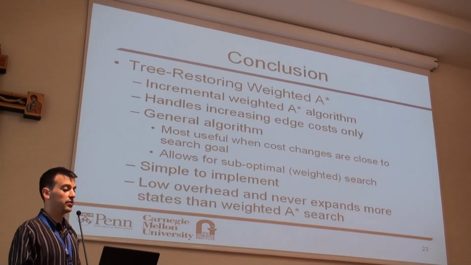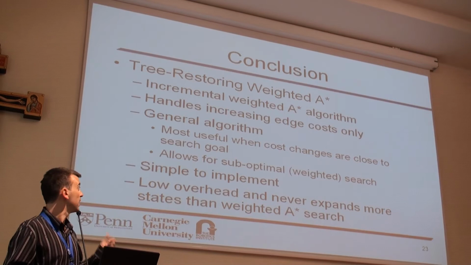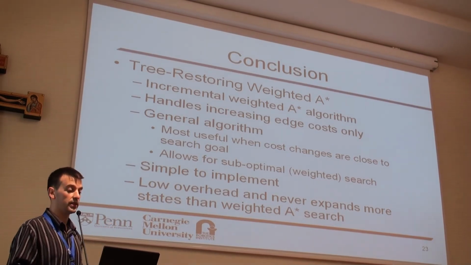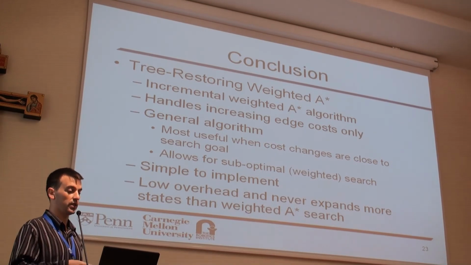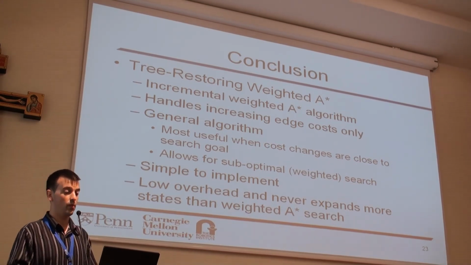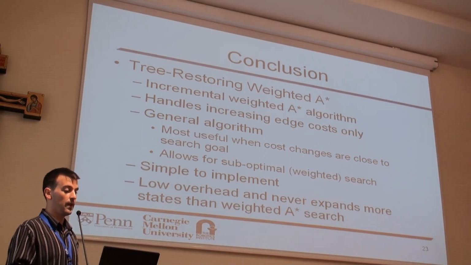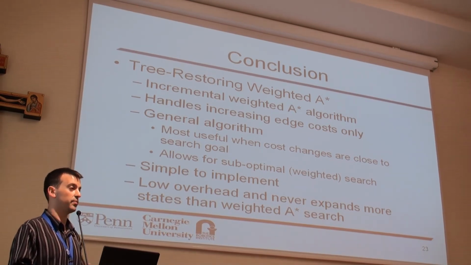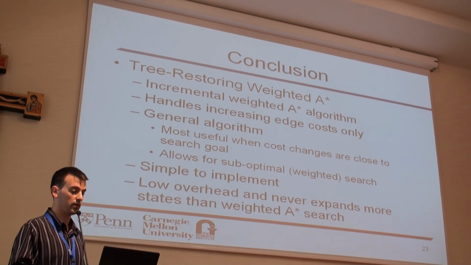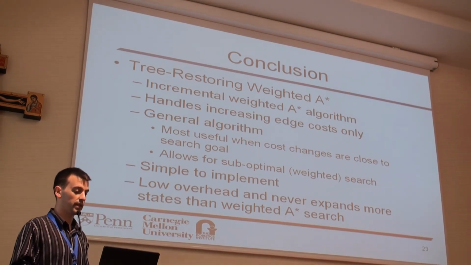So in conclusion, tree restoring weighted A-star is a general weighted A-star algorithm. It handles only increasing edge costs. It is most useful when changes are close to the goal, and it allows for suboptimal search, which is trading off between optimality and planning times.